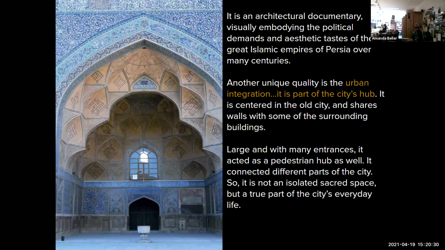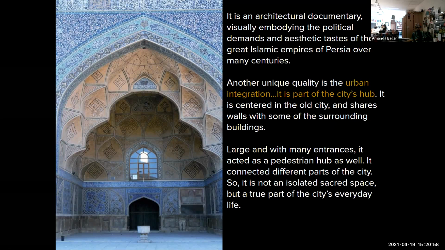Here's something that's unusual about this mosque, and I would put this under context. It is in the city center. So we don't live in a walkable city, right? Our city is really based upon driving. If you want to go meet someone for coffee, you're probably driving there, or riding a bike. But in this city, there's a lot of pedestrian traffic, and certainly in antiquity, before cars, there was a lot of pedestrian traffic.